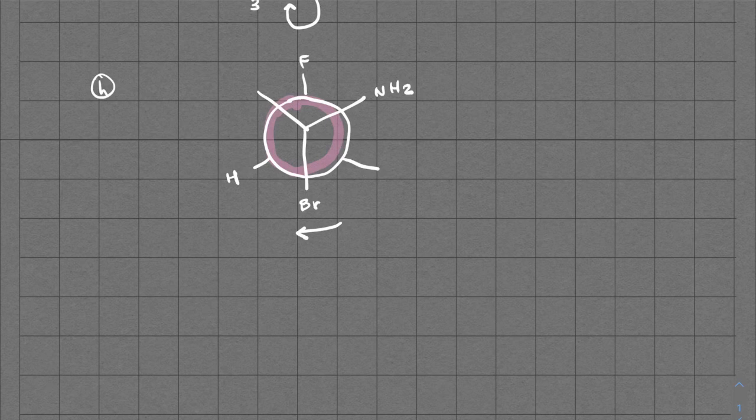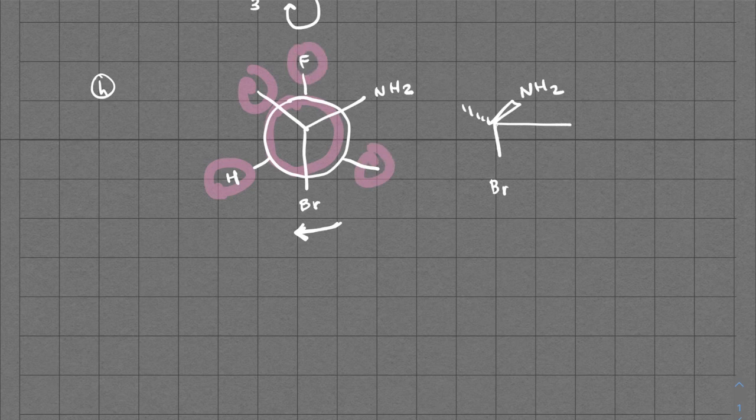If we pretend that we're turning the molecule that way, then this methyl group is going to be behind us. The amine is going to be facing towards us, and bromide is along the plane. And then if we observe our back groups, the hydrogen is going to be facing away from us, the methyl towards us, and the fluorine is also going to be along the plane.